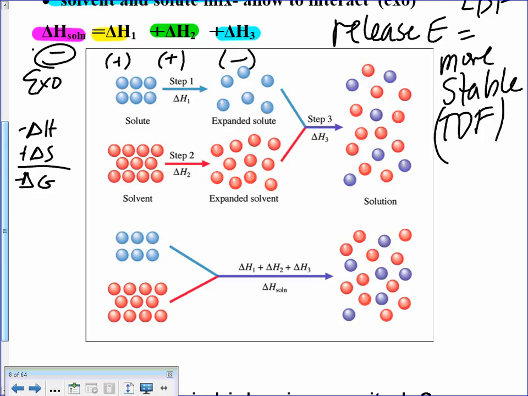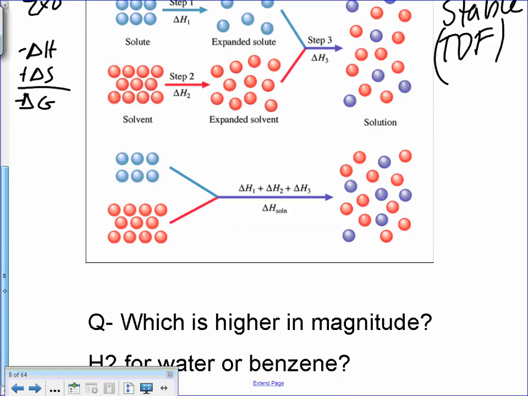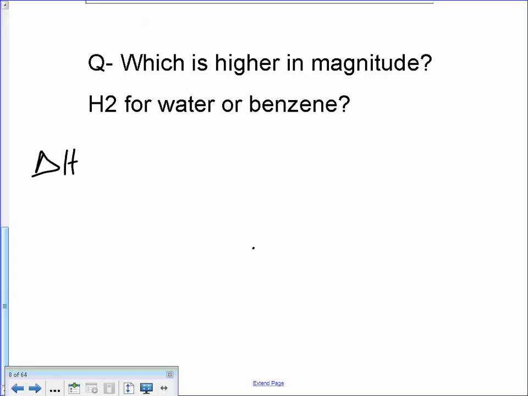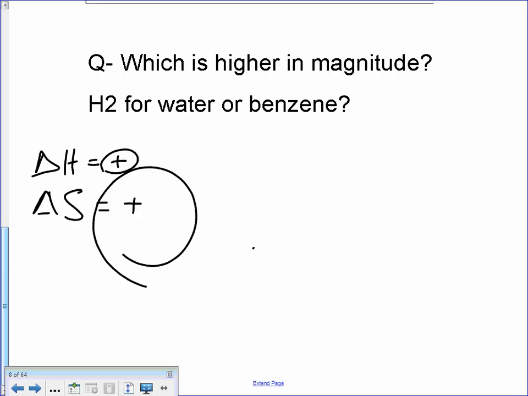So what's happening here for ammonium nitrate? We already talked about that. Delta H being positive is not so favorable. But for ammonium nitrate, the delta S, the entropy, is very, very positive.